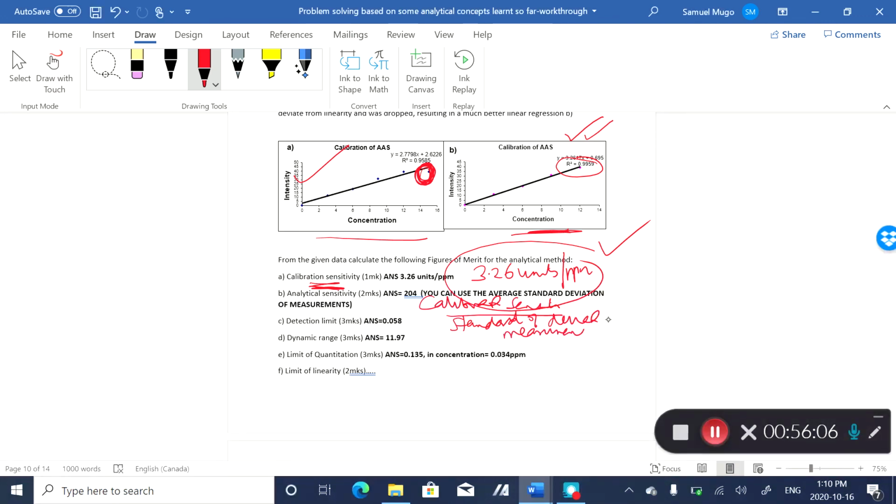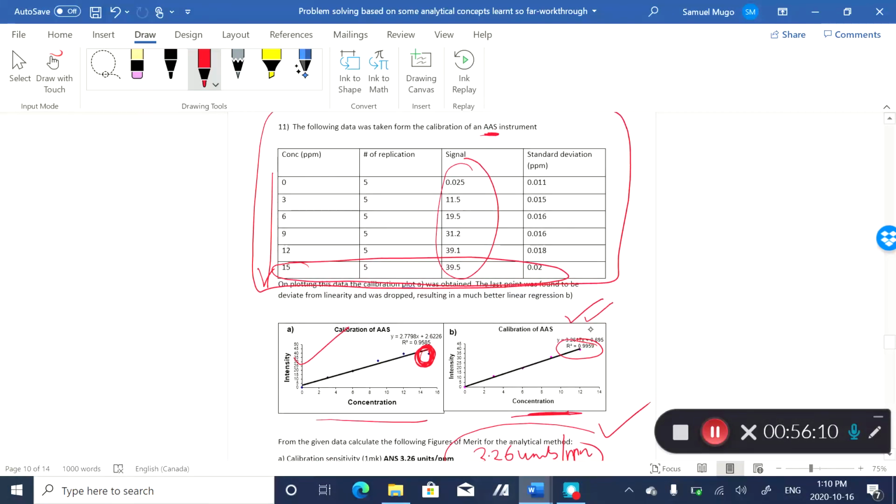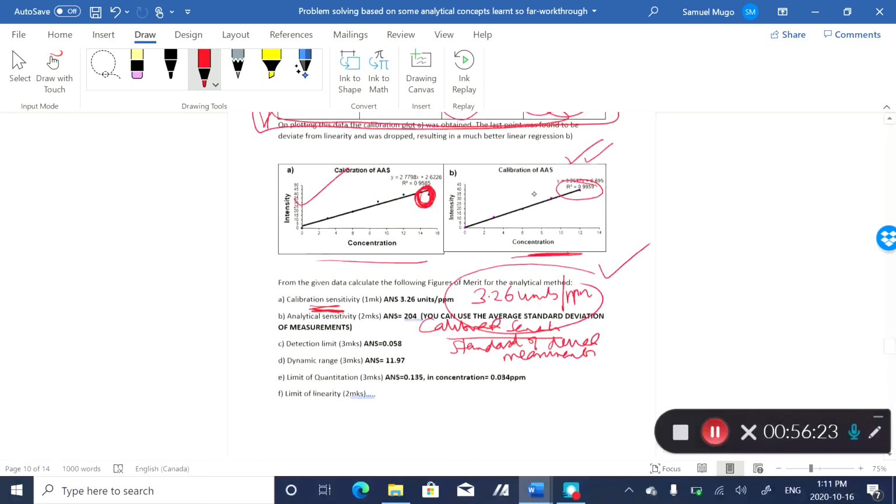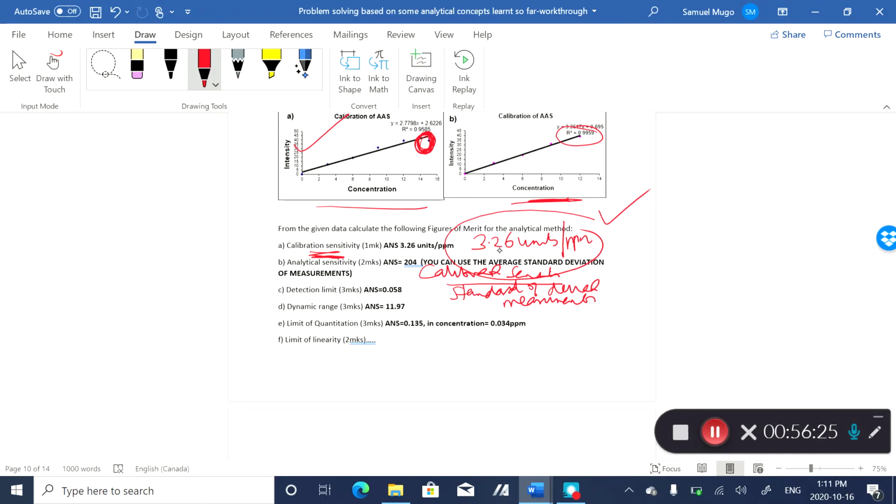Maybe some of you are going to ask, which measurements do I use? So what you need to do is come here and look at the average standard deviation. So you average this and when you do that, you just take the 3.26 divided by the standard deviation of the measurement. That's what you call analytical sensitivity. So take note of that difference.